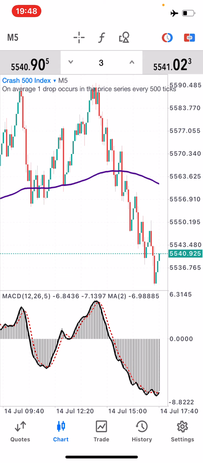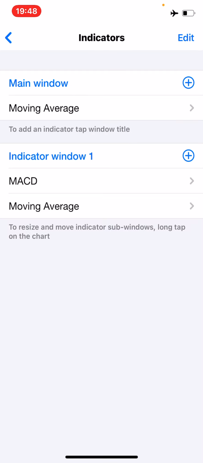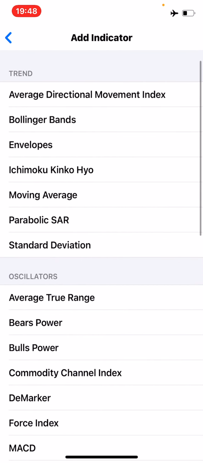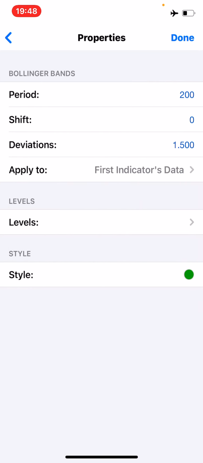The last but not least indicator that we want to install is the Bollinger Bands. So I'm going to go back to my indicators, then go to indicator window 1, then look for the Bollinger Bands, which is right here on our trend indicators. And these Bollinger Bands will have the following properties.